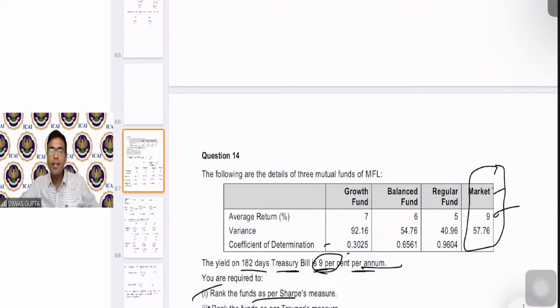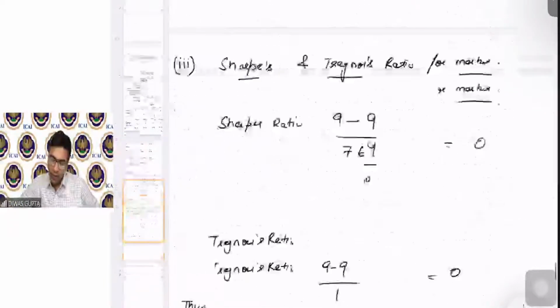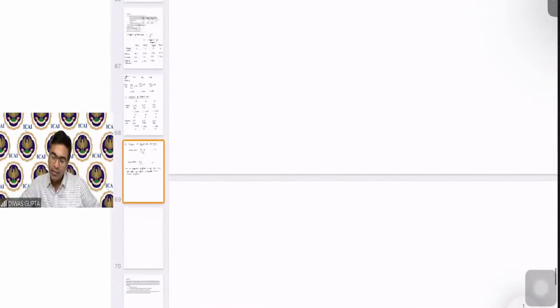Okay, it is a coincidence that T bills are also operating at a market level, which is 9%. But it's not that these are the same. Market is pure play market, but in this specific case, the market is also yielding 9%, which is equal to T bill, and hence the Sharpe ratio and Treynor ratio is zero. But we have taken this as a separate information.